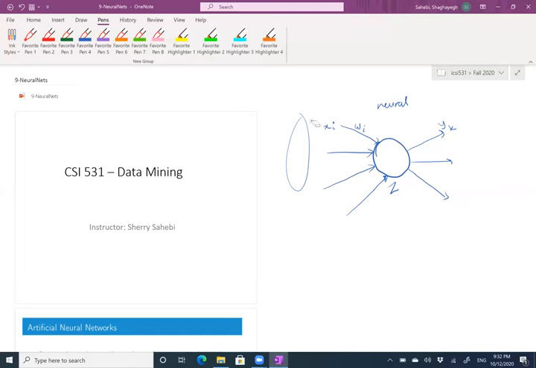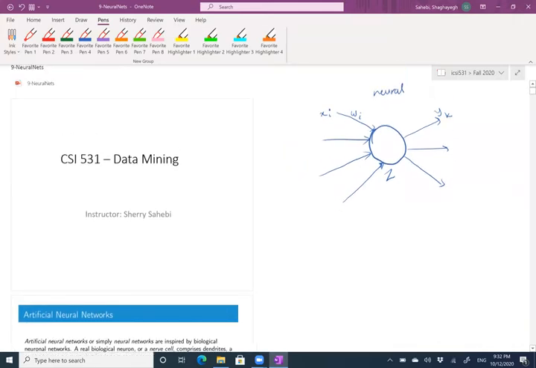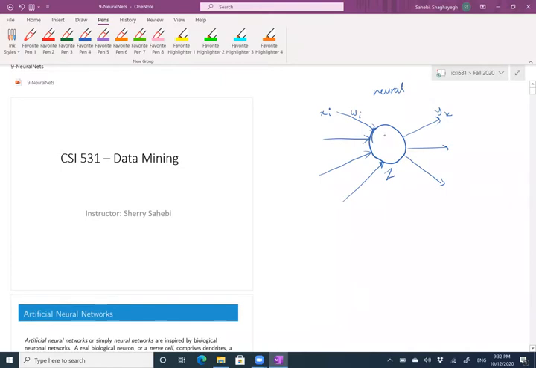If we want to talk a little bit in more detail, this neuron is usually divided into two parts. One part calculates a dot product, usually between the input and the weights that are coming in, and then another part applies a usually nonlinear function on that dot product and then produces the output.